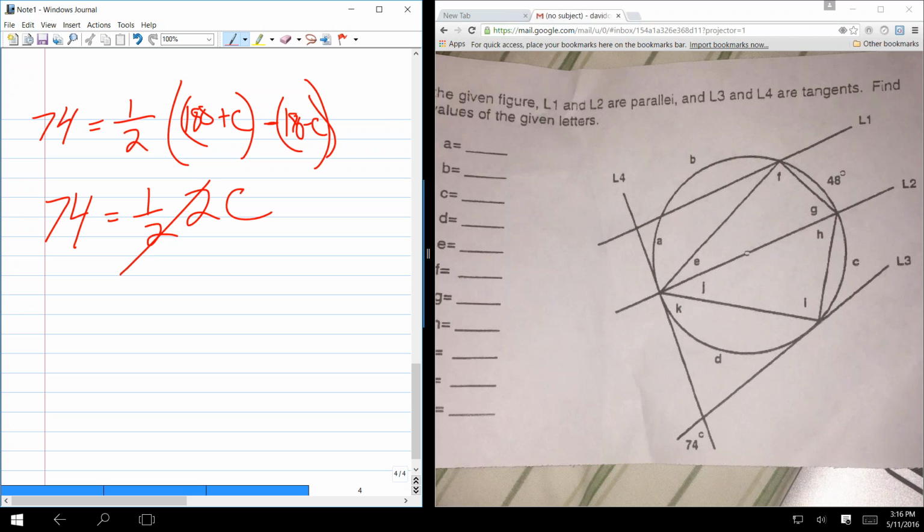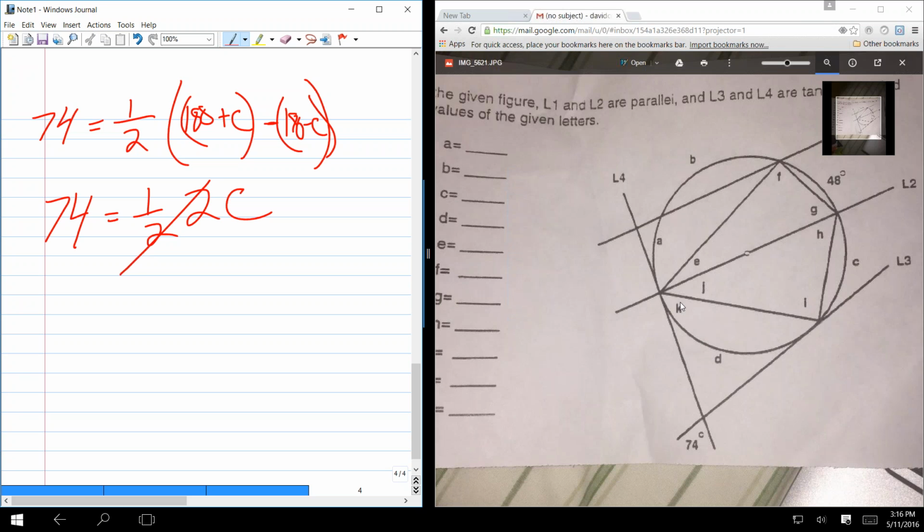Oh, we know that's 37. It's half of D, and we know 74, right. And those all equal 180. Well, K plus that angle there. Well, now hold on a second. K is this short angle. Yeah, K is half of that arc D.